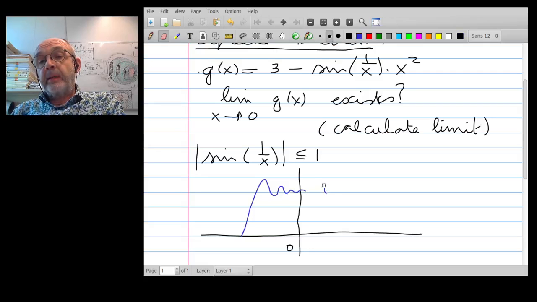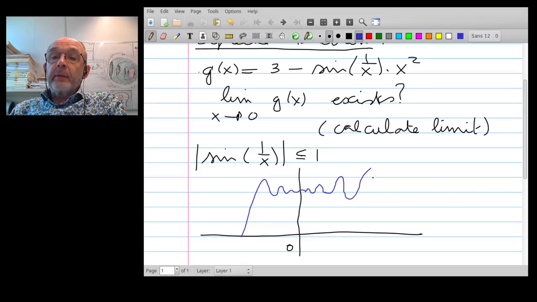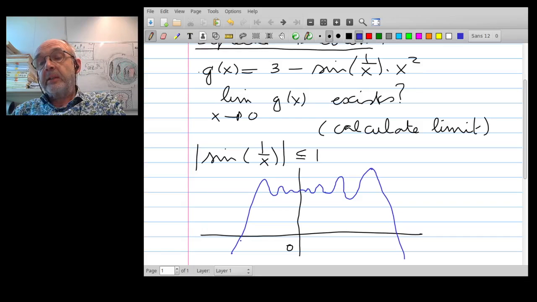Here near 0 it will go very often up and down, and farther away it will go less than that. And I think it will go down if x is very great and x squared is very negative. So this will be almost the graph of g of x.